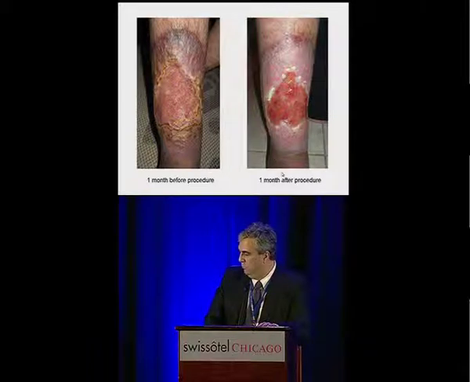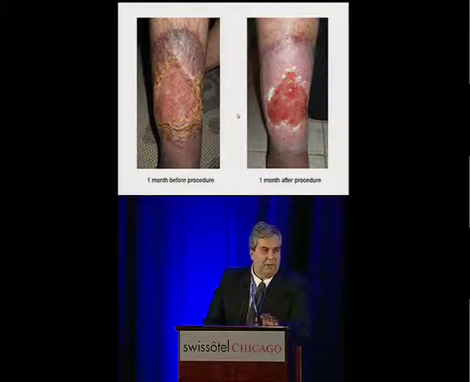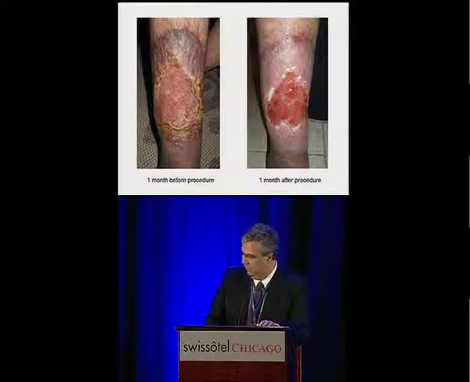And this is 1 month after the procedure, and you can see the difference and why we defend this flow-directed therapy: to give these patients an open venous system below the knee and help them to have a proximal open system.